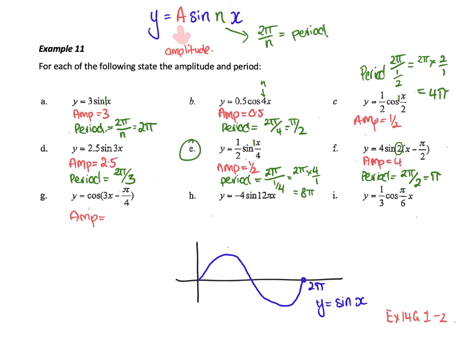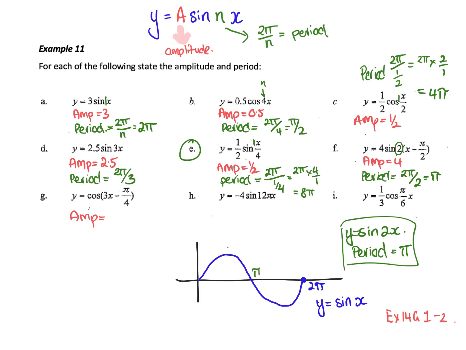Say if you've got a period of, I'll just draw it. If we've got a period of, say, pi, so that would be y equals sine 2x, that one will look like this. This would be pi.